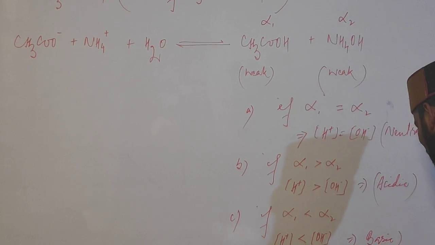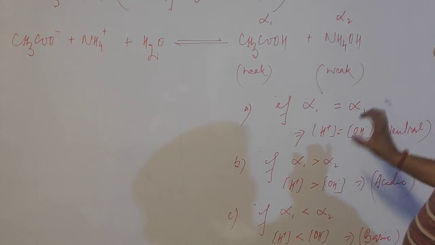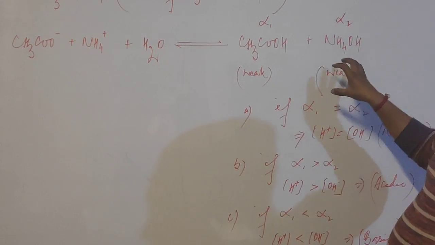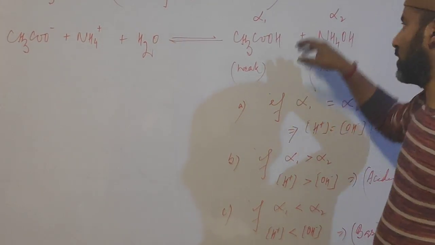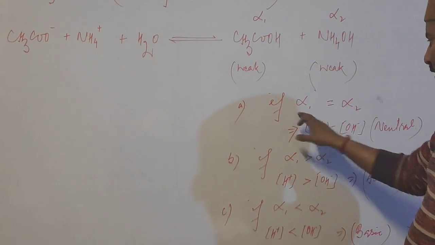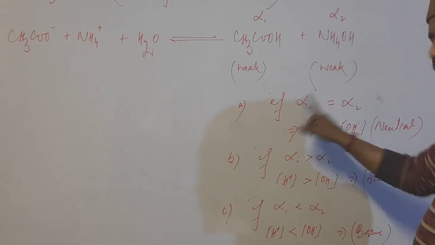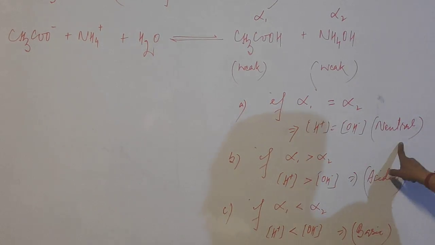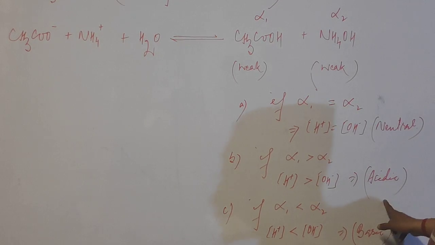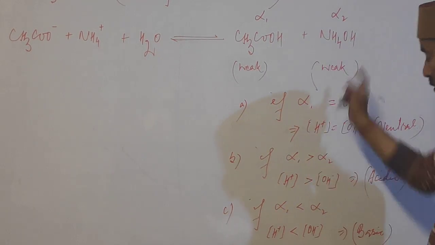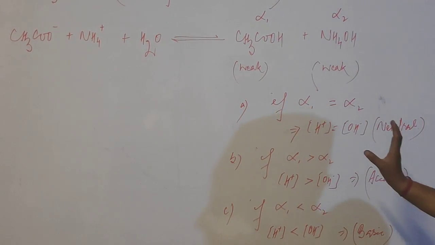So in this case, the nature of the solution will depend on the degree of dissociation of these two weak electrolytes. Both are weak, but we have to see whether they are equally weak. If they are equally weak, meaning the degrees of dissociation are equal, neutral. If acid is slightly stronger than base, acidic. If base is slightly stronger than acid, then basic.